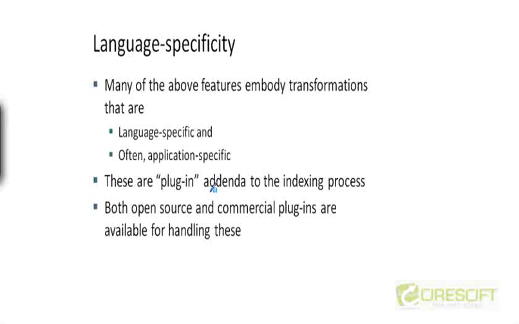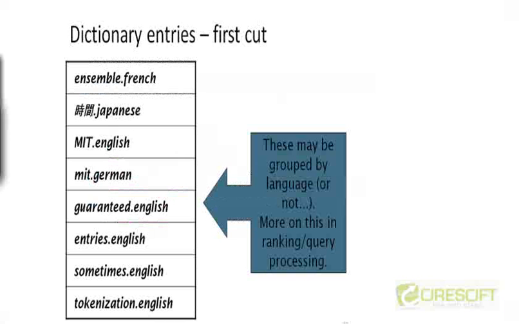Or if your audience is only medical professionals or lawyers, then you can use certain forms of normalization that you wouldn't use in the context of the web. And many times these modules for lemmatization, stemming, and so on are plugin modules which are added to the overall indexing process, as we saw in the pipeline. And these plugins could be both open source as well as commercial.